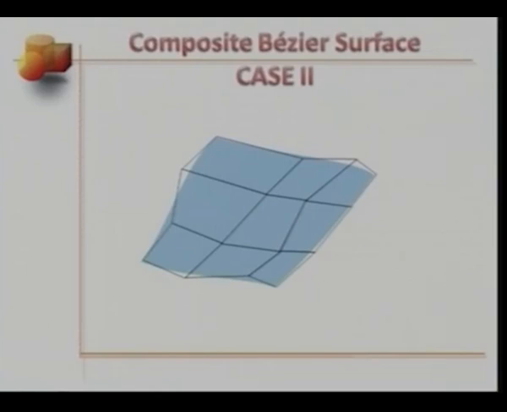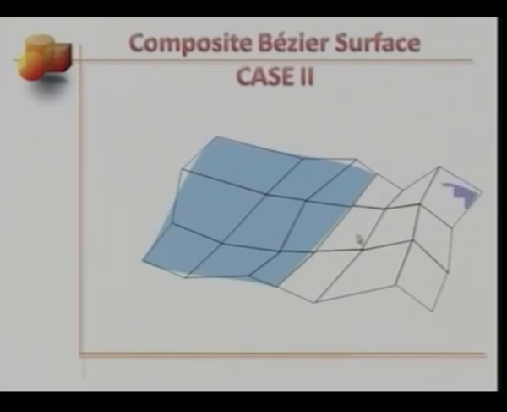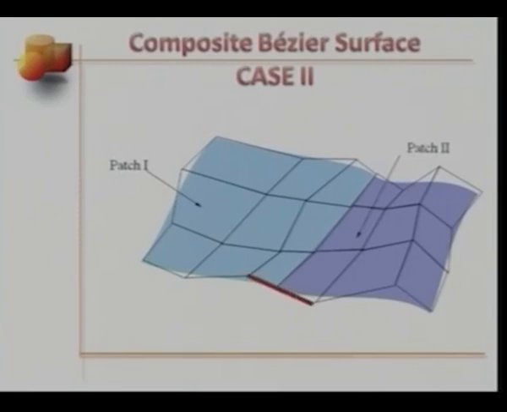and we try to figure out what that condition means geometrically, this is the first patch, this is the second patch. The condition gives a more relaxed situation here in terms of how a user can specify data points freely.